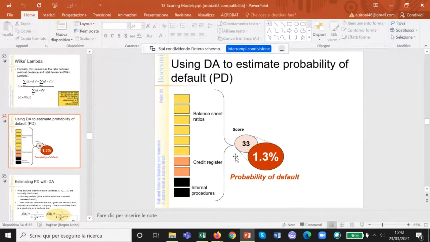Now, next step. As I said at the beginning, theoretically, we could use a discriminant analysis model directly to estimate a probability of default. As I mentioned, most often what is done is that a discriminant analysis model is used to get a score, and the score is then used to assign a rating class, okay?